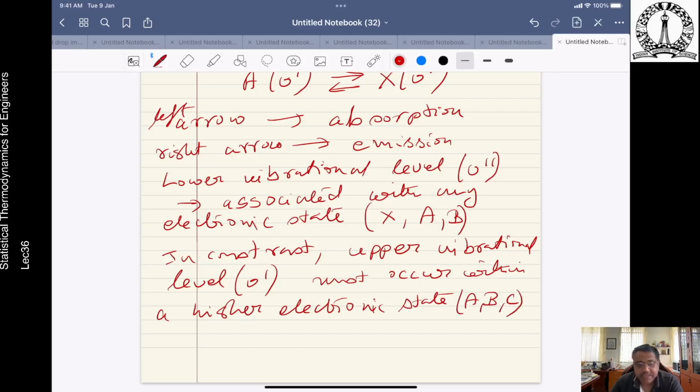So as an example, a specific transition in the ultraviolet spectrum of the hydroxyl radical, which is very important in combustion research, would be identified like this.